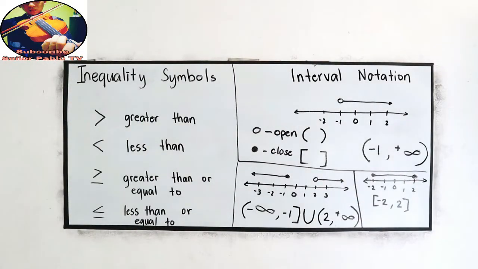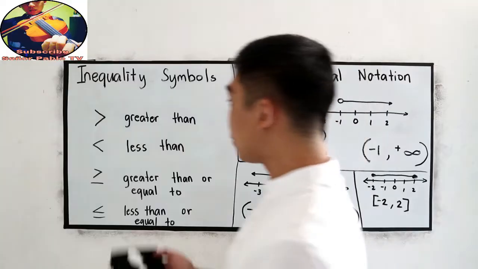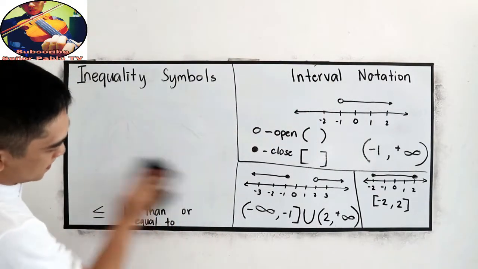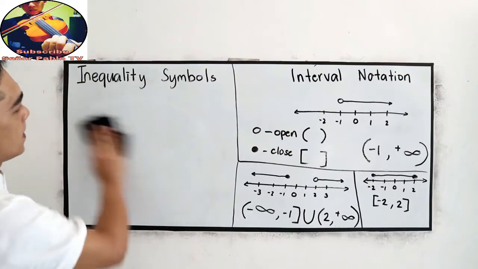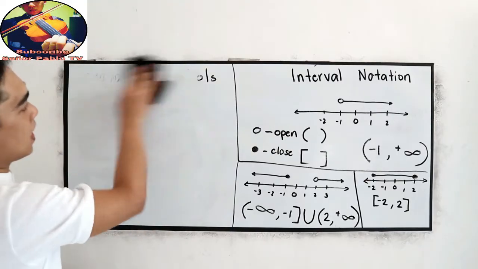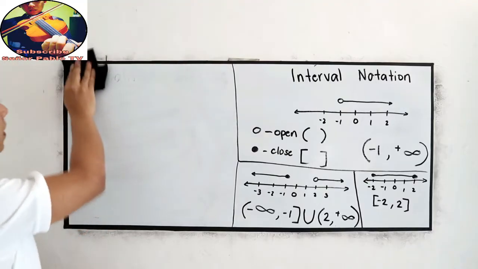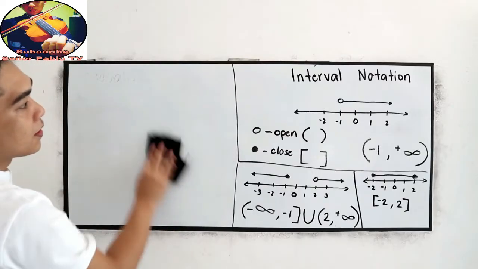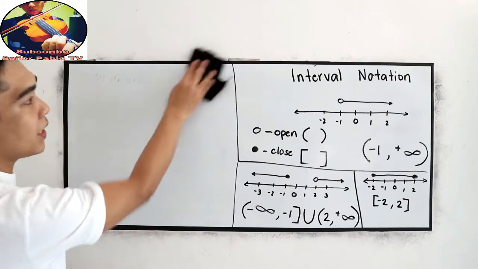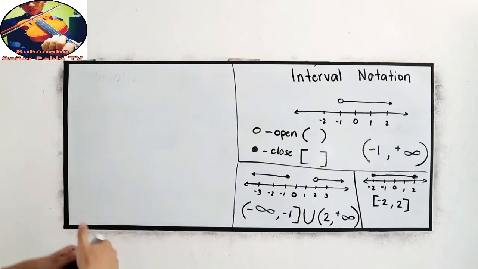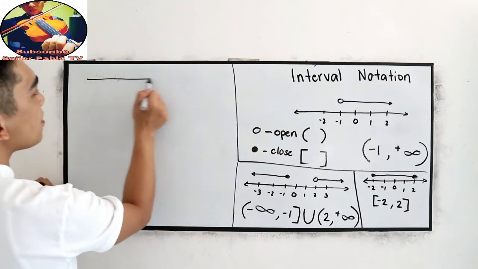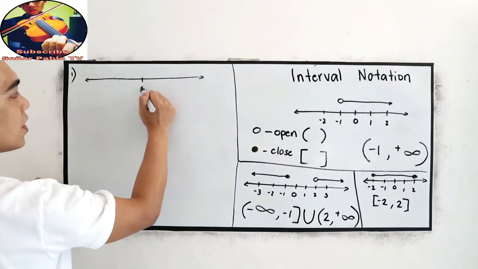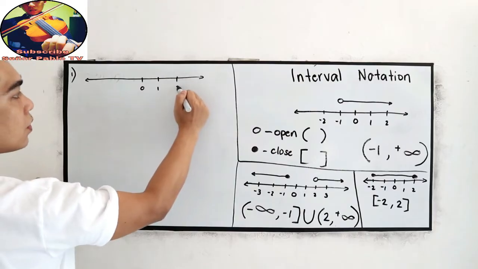Now, I want you to try the following example. Try to write the following into interval notation. What if you have, for number 1, so this is 0, 1, 2, 3.